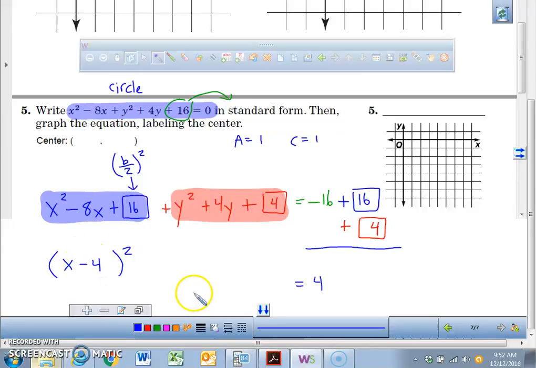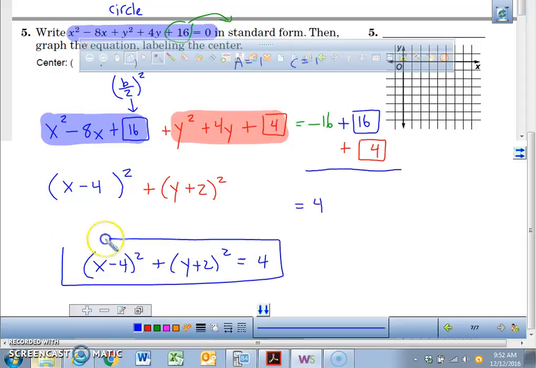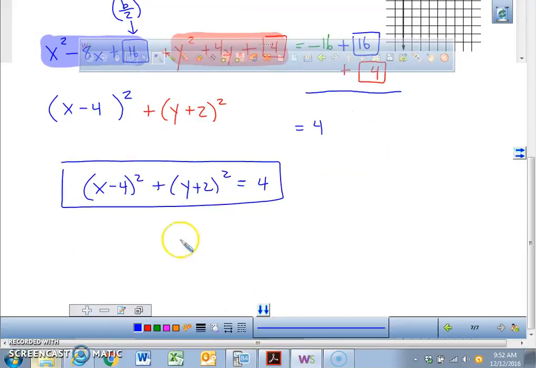So it's going to be x minus 4 plus, that's right, y plus 2 squared because that's half of a positive 4. So you finished. This is your final answer. X minus 4 squared plus y plus 2 squared equals 4. This is your equation for your circle.